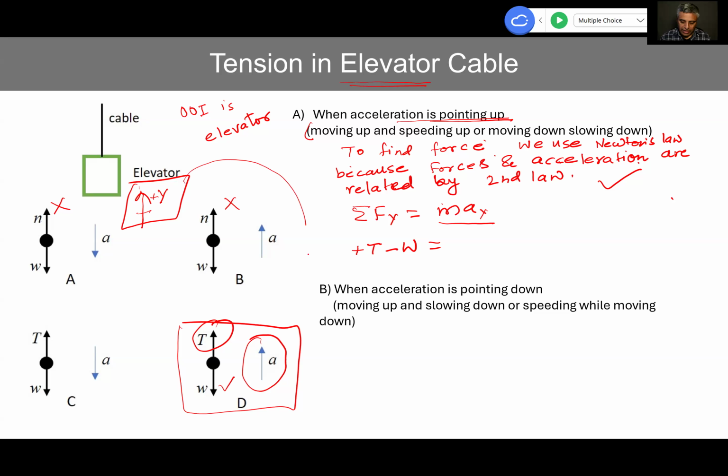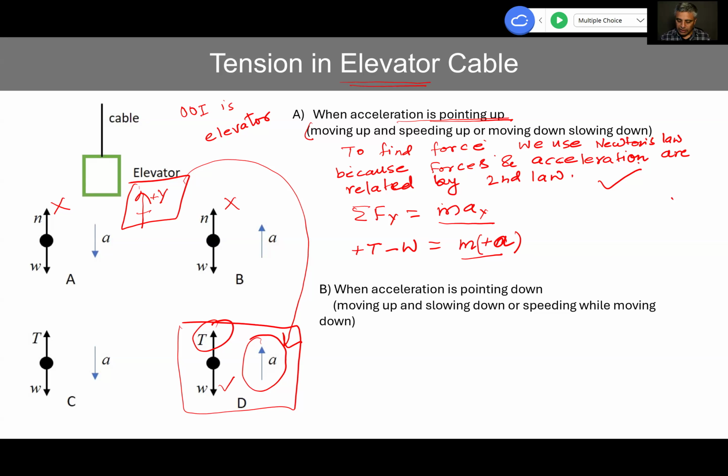When I look at the acceleration here, it is also pointing up, so that means acceleration is positive. You do not want to write M and positive A, because that has a different meaning. That means you are adding mass and acceleration. If you want to do that, you have to put parentheses here.